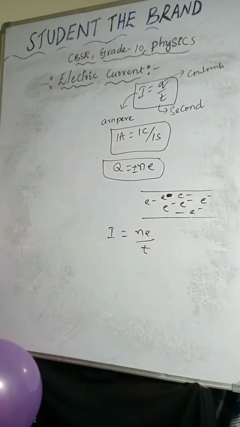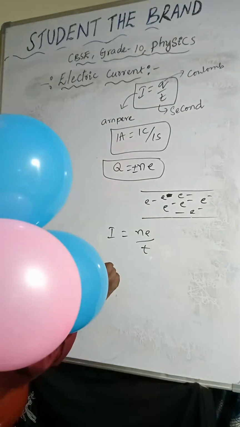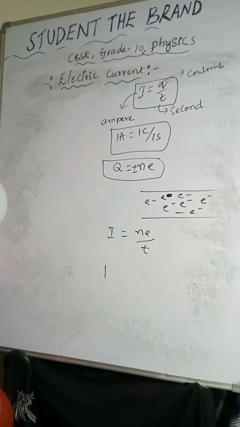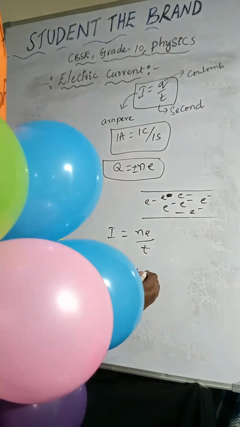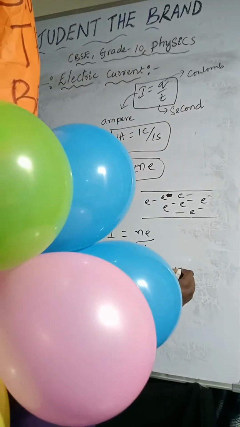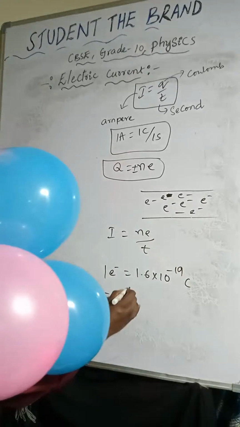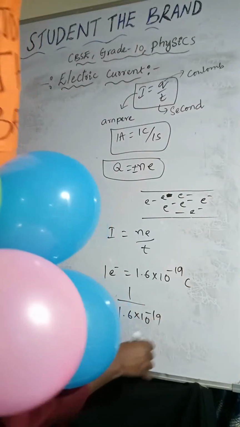On one electron, how much charge is present? 1.6 into 10 power minus 19 coulomb. Now in 1 coulomb, 1 by 1.6 into 10 power minus 19.